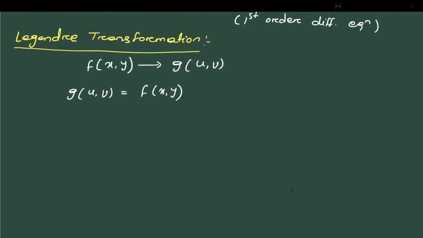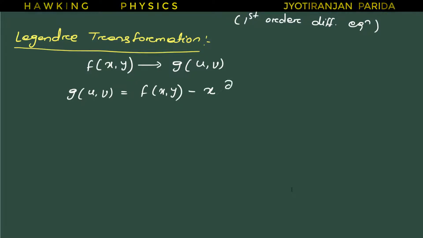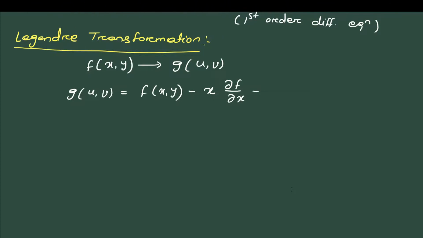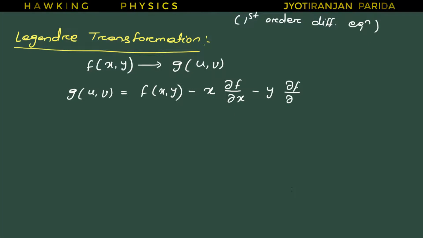First we have to write the old function, minus x ∂f by ∂x minus y ∂f by ∂y. By this process, we can transform one function to another function.